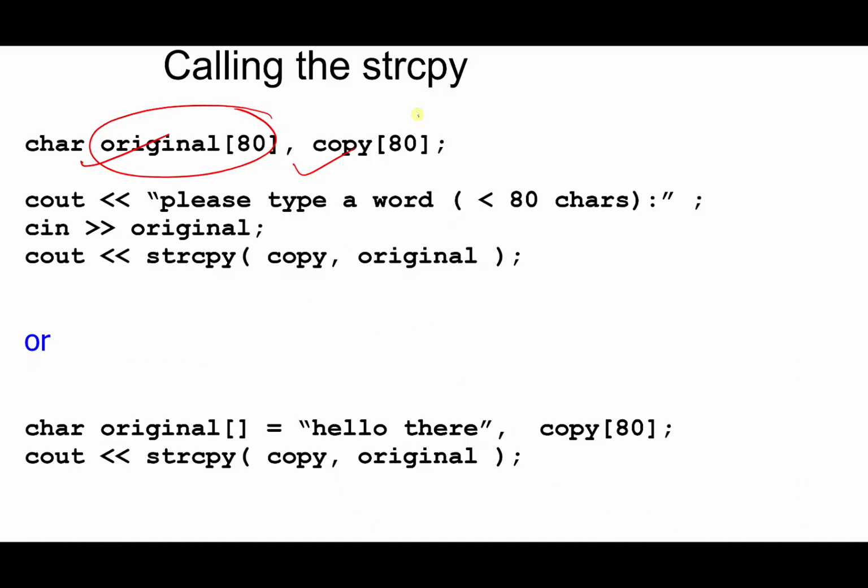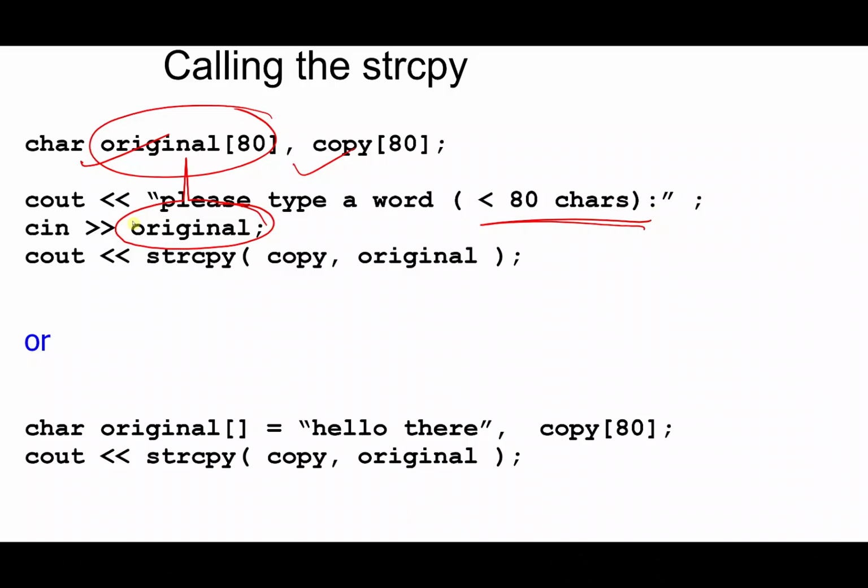It doesn't have to be 80 elements for the word. You can just have ABC. Doesn't matter, as long as wherever you stop, you place a null terminator because it's needed. So please type a word less than 80 characters, right?